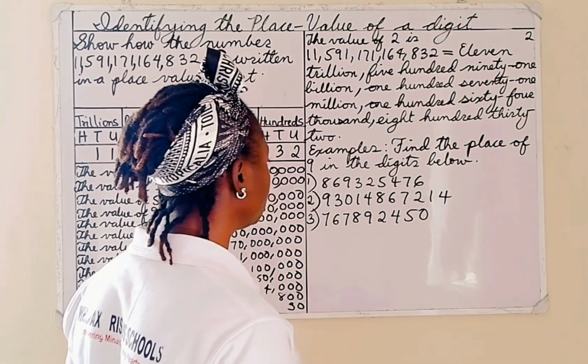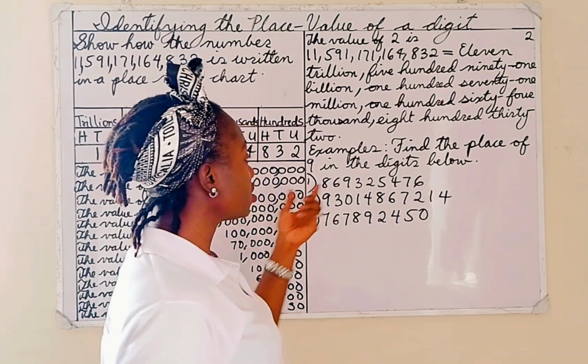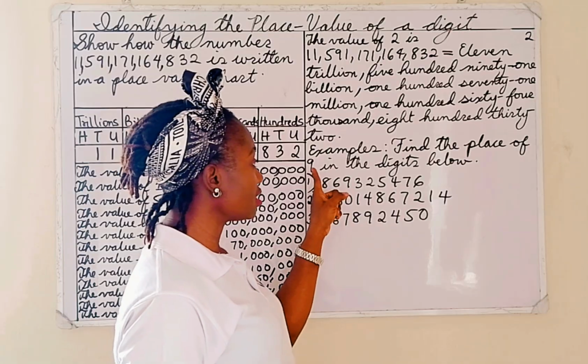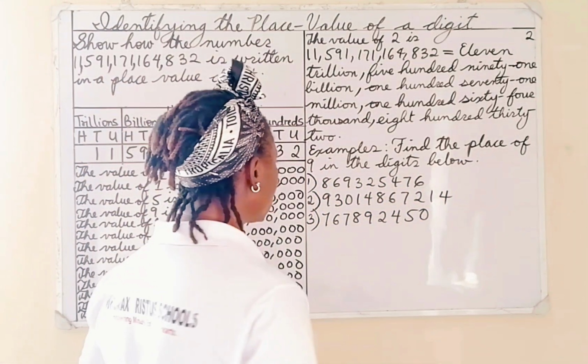Good. Now we have to find the place of the digit 9 in the digits below. Right? So solution.